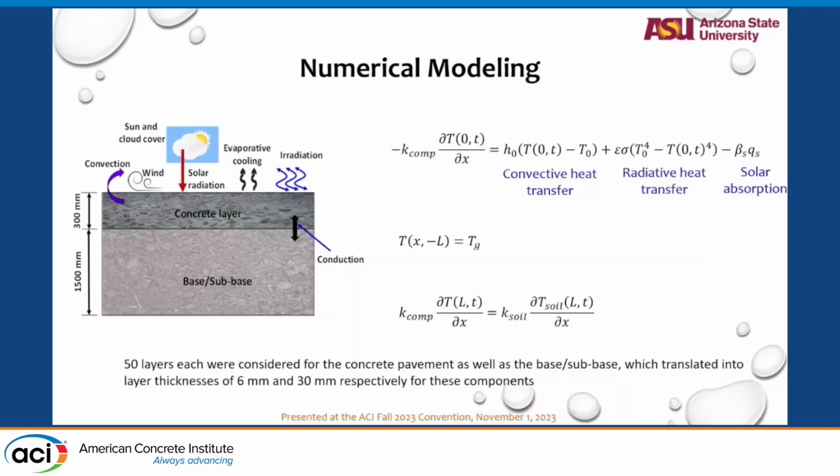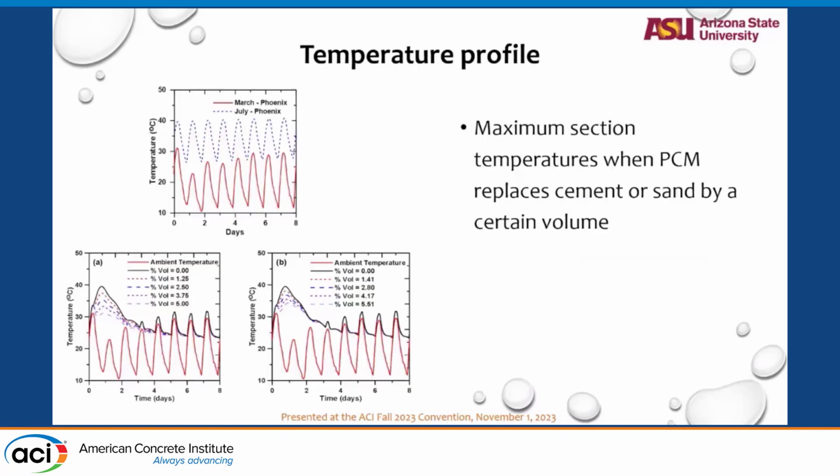These were divided into 50 sections each for the modeling portion. 2 different scenarios were tested on this, March and July in Phoenix. March shows a colder temperature range, while July shows a hotter temperature range.